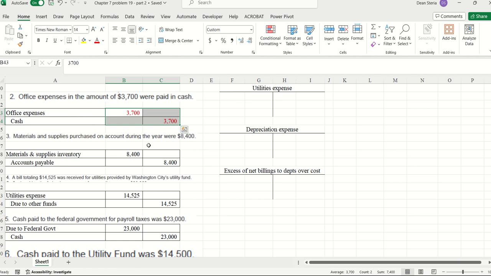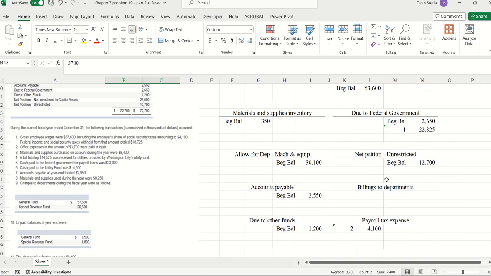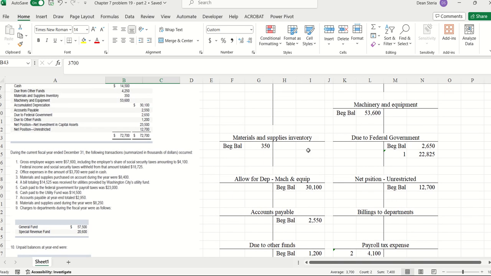Materials and supplies purchased on account during the year is 8,400. So 8,400 to materials and supplies inventory, and that was a debit for 8,400.